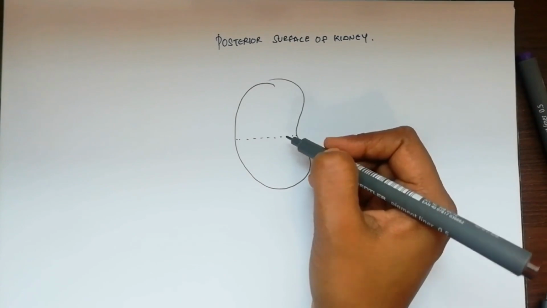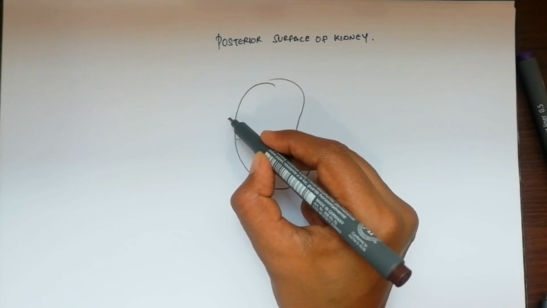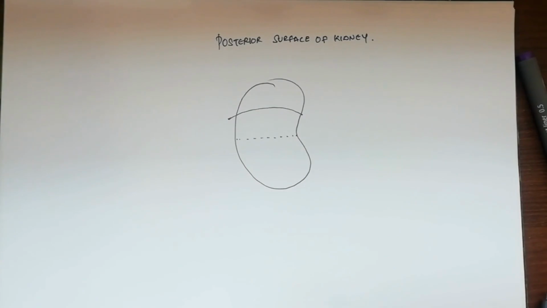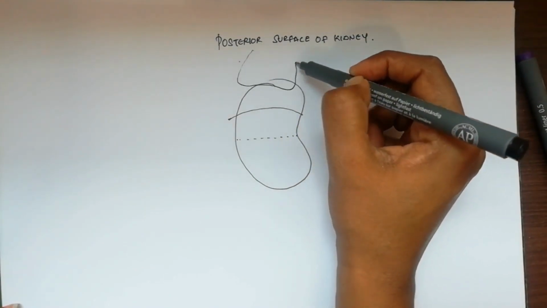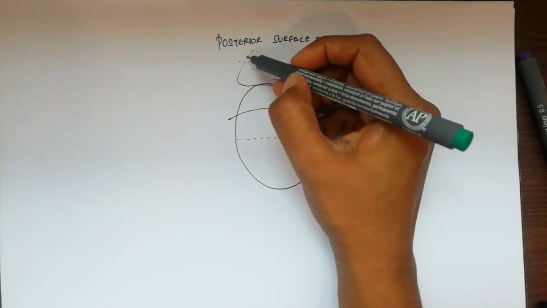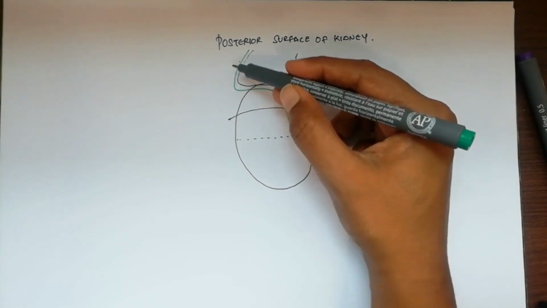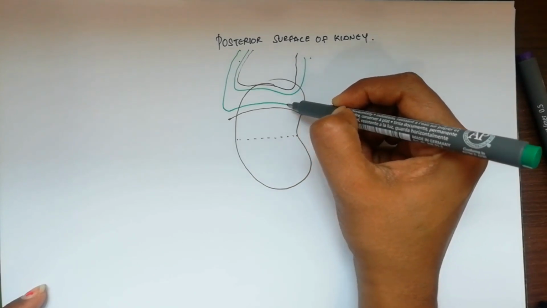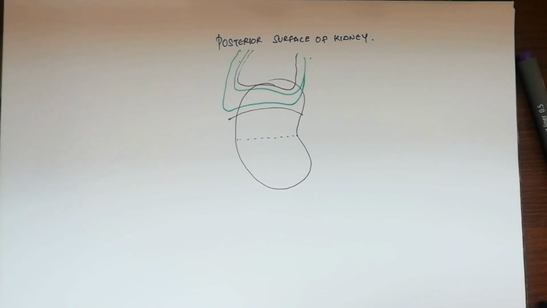In the upper area, we have the relations of the diaphragm placed. Just above the diaphragm we will have the lung and pleura, as you know, lungs with the pleura covering, and the space between the diaphragm and the lung is called the costodiaphragmatic recess.